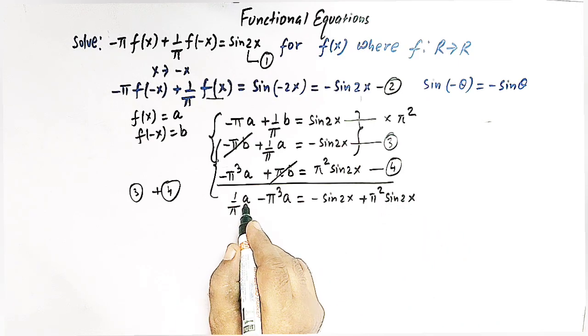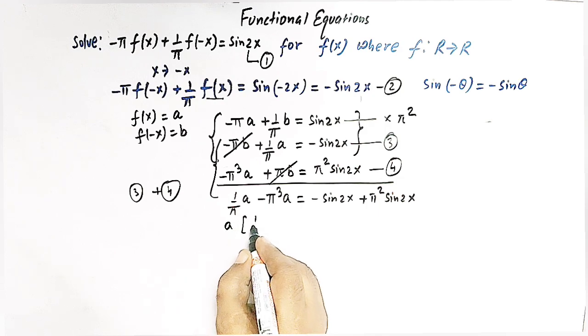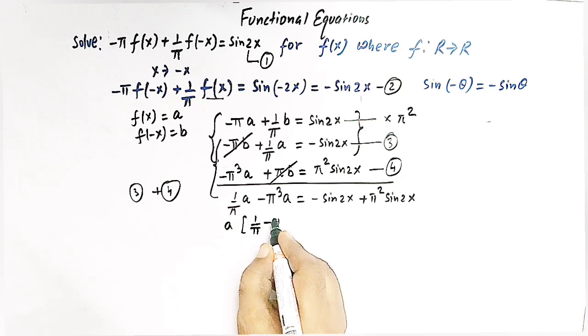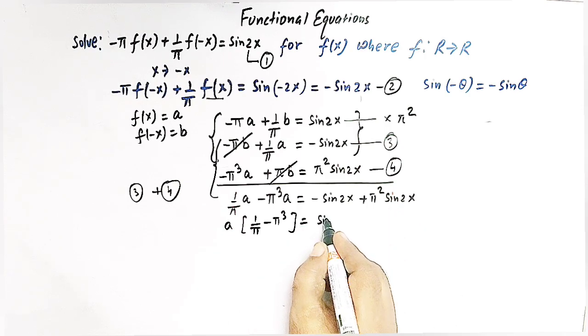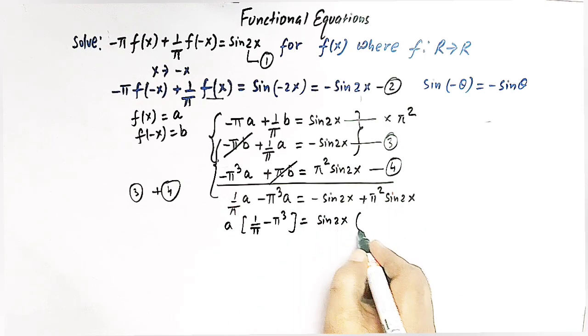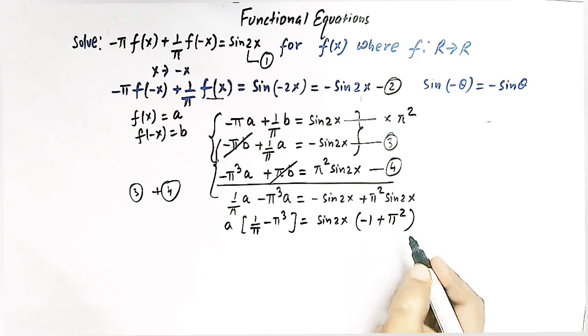Taking a common in these two terms, we have a times 1 over pi minus pi cube, and taking sine 2x common, we have minus 1 plus pi square.